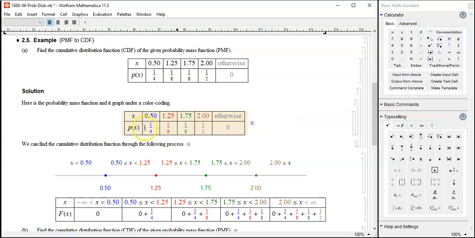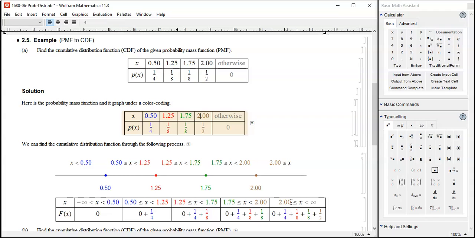And then look at these four masses, 0.5, 1.25, 1.75, and 2.0. Those four masses represent 4 points in a number line, as you can see here, blue, red, green, and brown. And those 4 points divide the number line in 5 pieces, 5 intervals. Less than the first, between the first and second, between the second and third, and so on. And at each interval, we need probability.